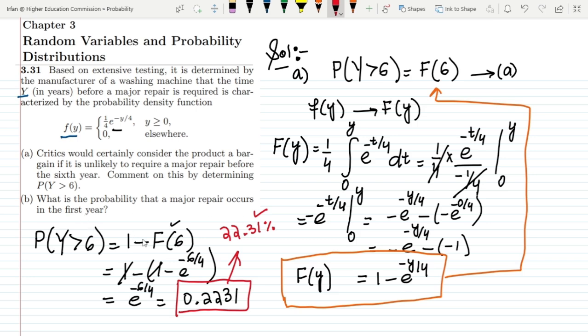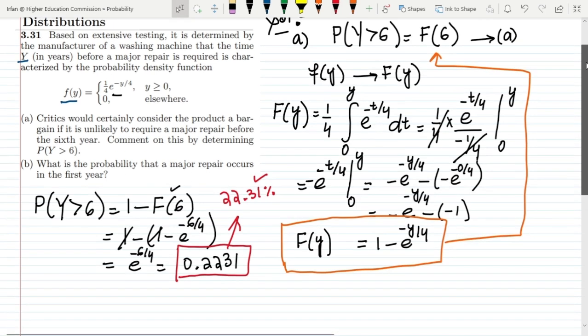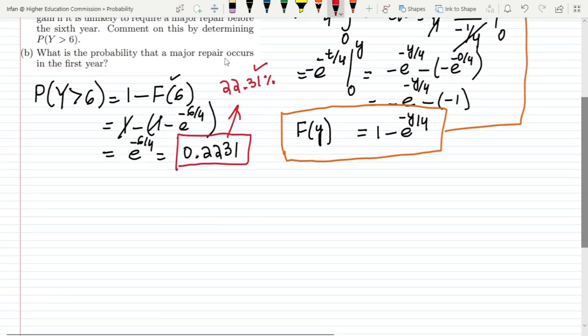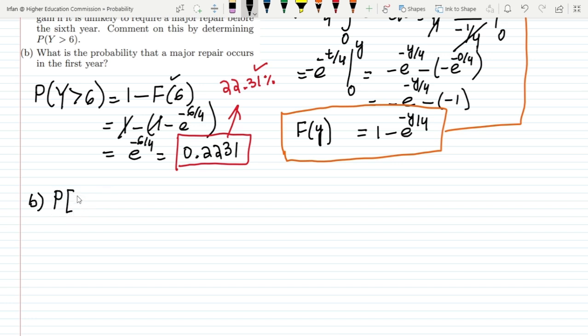In order to solve part B of my question, the probability that the year will be less than or equal to 1 would be f of 1. Taking the same function and writing the value of y equal to 1, I get 1 minus exponential of minus 1 divided by 4.